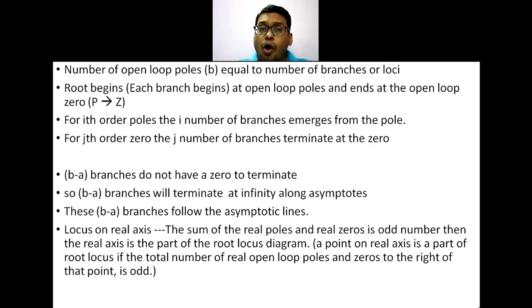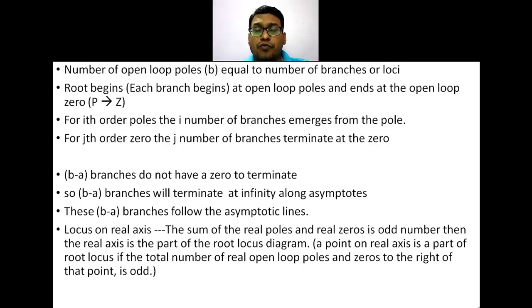Now all the branches start from the pole and terminate at the zero. That is, the root begins at an open loop pole and ends at an open loop zero. So for ith order poles, i number of branches emerge from the pole. So B number of branches will emerge from the poles.